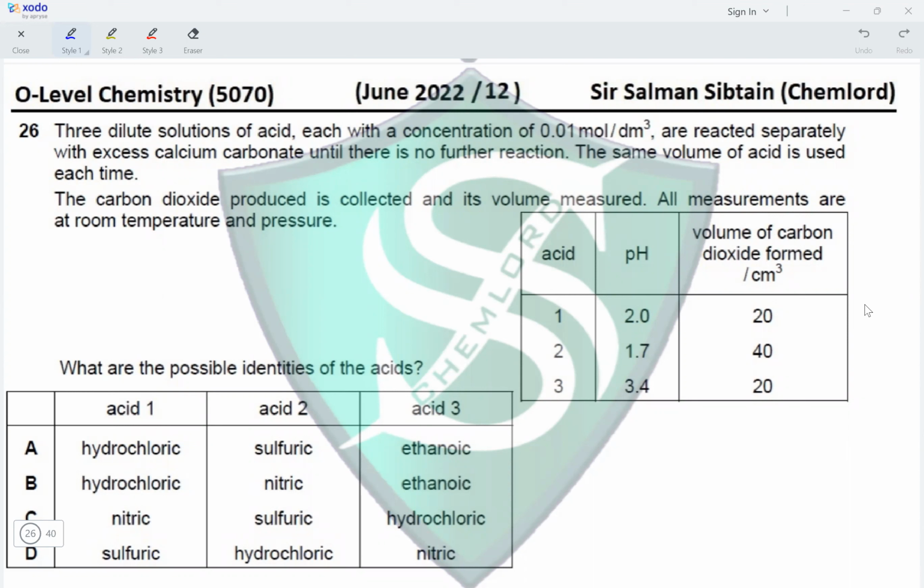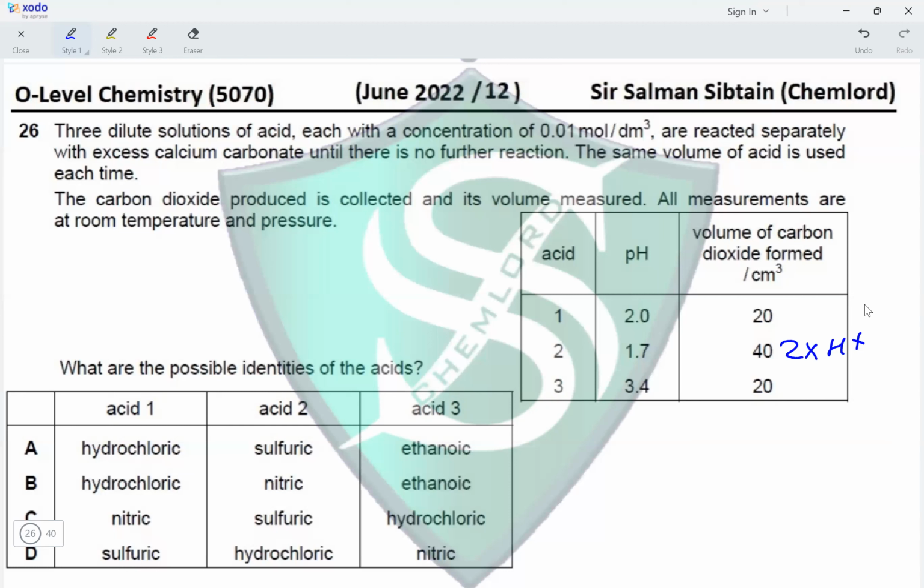So here we have a table in which we have three acids, 1, 2, 3. The volume of carbon dioxide produced for acids 1 and 3 is 20 cm cube, and for 2 is 40 cm cube. So basically, out of these three, acid 2 has a greater number of moles of H positive, and since the volume is double, that means it has got twice the number of H positive ions present.